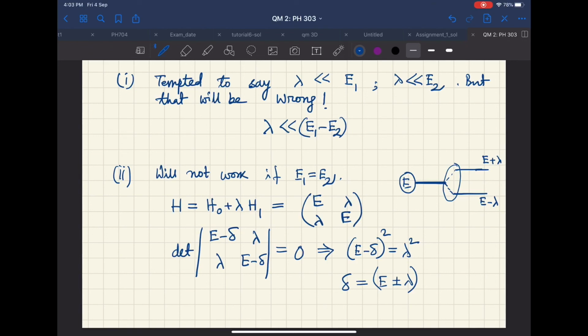Now you have two separate energy levels corresponding to E plus lambda and E minus lambda after we have switched on the perturbation. This case therefore requires a completely different approach, and that we will come to a little bit later, maybe after 4 or 5 classes.